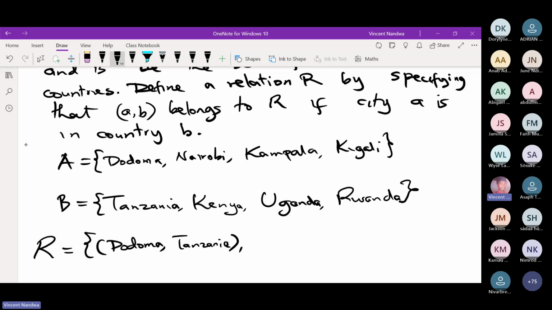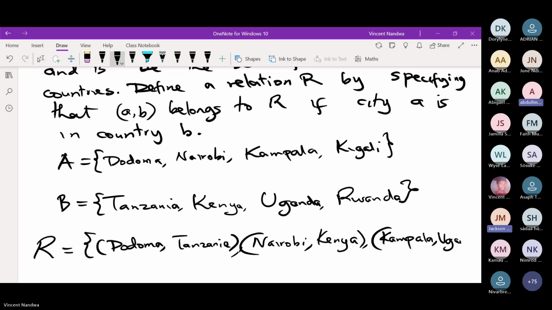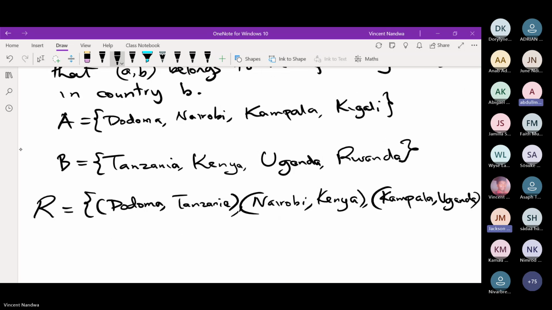Then the other element, Nairobi, Kenya. The other one, Kampala, Uganda. And finally, Kigali, Rwanda, correct.